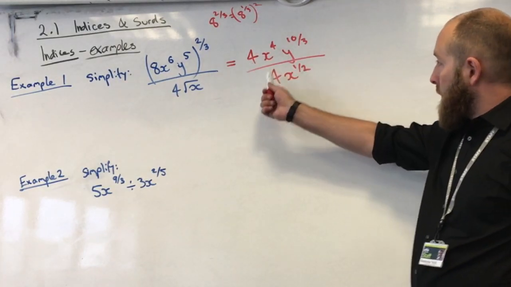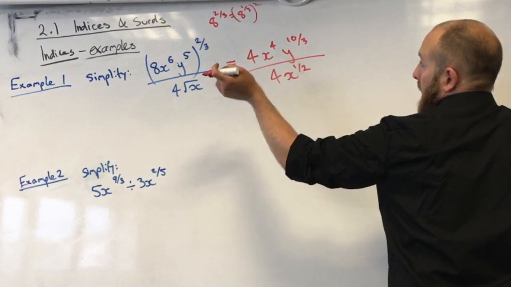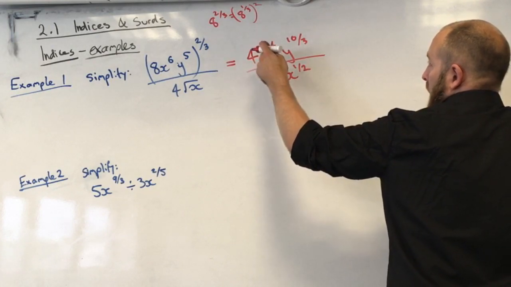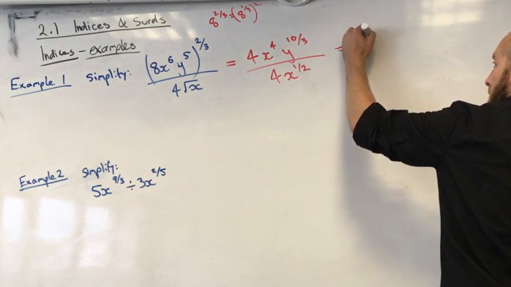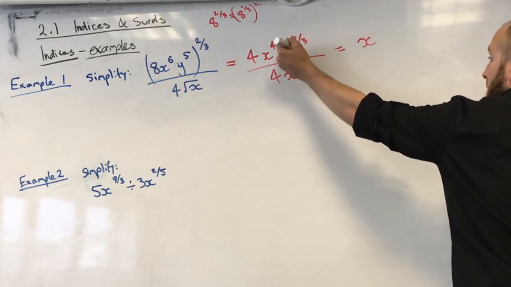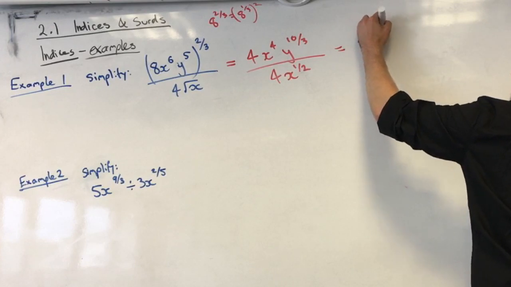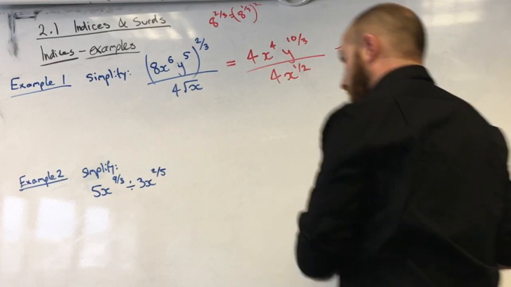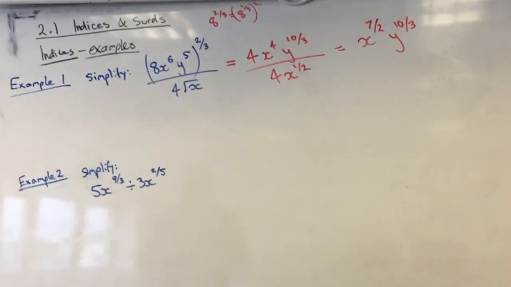So 4 divided by 4, they're going to cancel out. Then we've got x to the power 4 divided by x to the power half. So we're going to get x to the power 3 and a half, 4 take a half is 3.5, which as a fraction is 7 over 2, and y to the power 10 over 3.